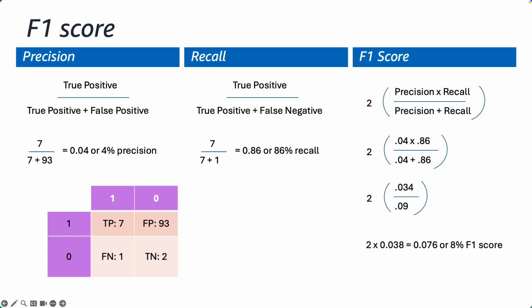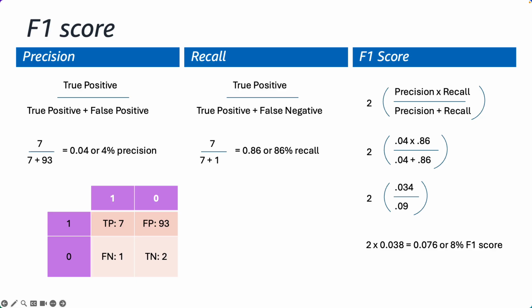The formula for precision or positive predictive value is true positive divided by true positives plus the false positive. What is the formula for recall? The formula is true positives divided by true positives plus false negatives. So here we get a value of 0.04 for the precision and a value of 0.86 for the recall.